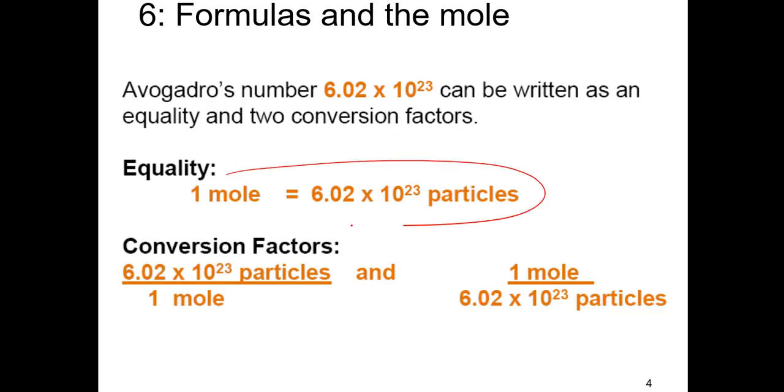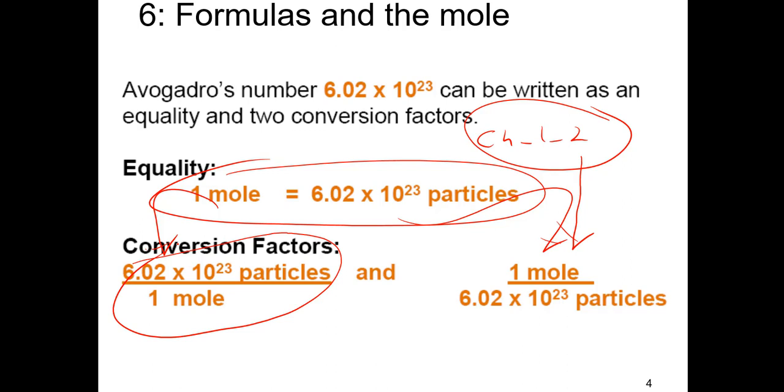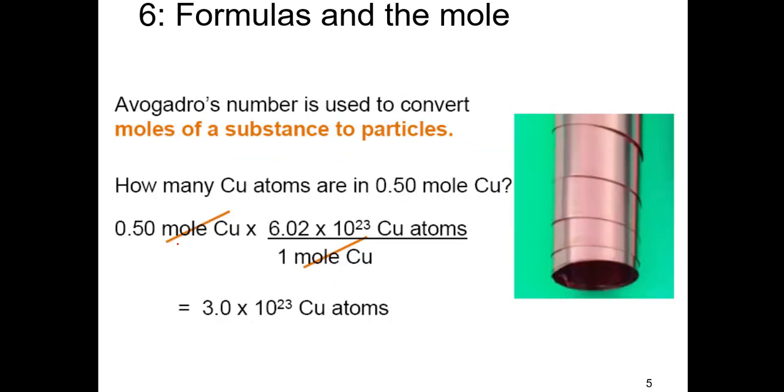So here is our equality, and then here is the conversion factors. And this was one of the main reasons why we learned how to do all of those conversion factor calculations in chapter 1 and 2. It is because we use that same math format to do conversions with moles and Avogadro number. So let's go ahead and see this in action.